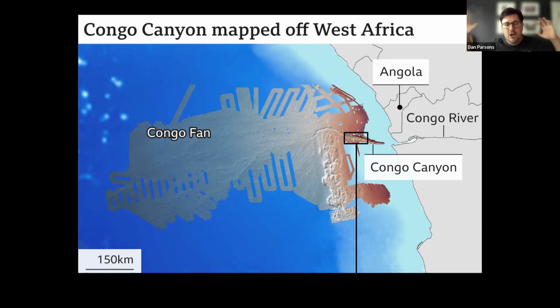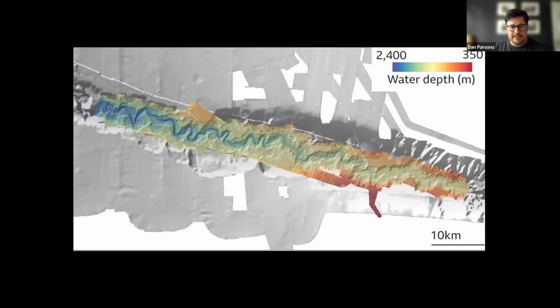So we've got this source from the Congo Canyon and the river all the way out into the deep sea. We can do the first real source-to-sink measurements of flows moving from a submarine channel into a submarine fan system. Really exciting, novel data sets. All of this went in in 2019.